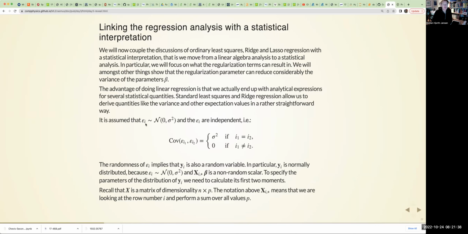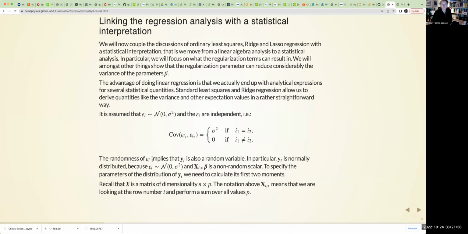And these quantities are assumed to be independent and identically distributed, which means then that the covariance is equal to 0 unless we have the same variable, epsilon i1 and epsilon i2 here.